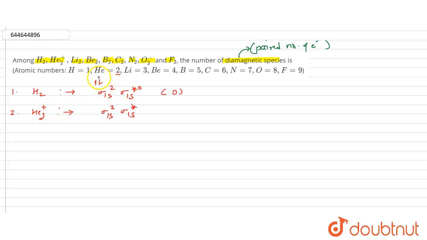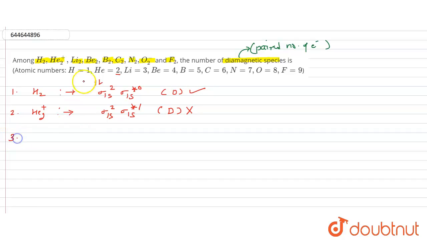So for 2 helium, the total number of electrons becomes 4, and we have a positive sign here, that means 1 electron is lost, so we are left with 3 electrons. I am writing here the molecular orbital, so 2 electrons are occupied in this orbital, and the left one is here, that is 1. So here you can see we have 1 unpaired electron, so this is not diamagnetic, but this is diamagnetic, right?